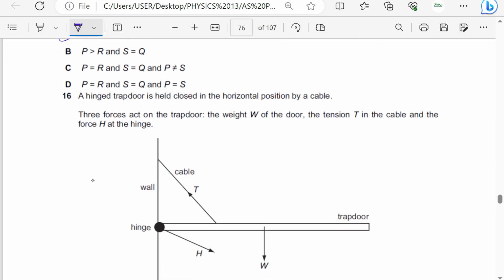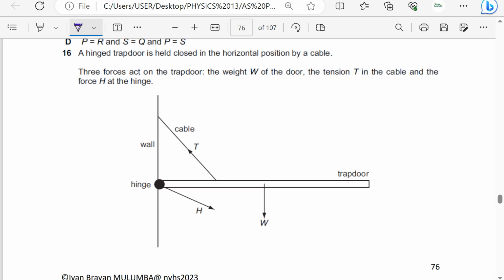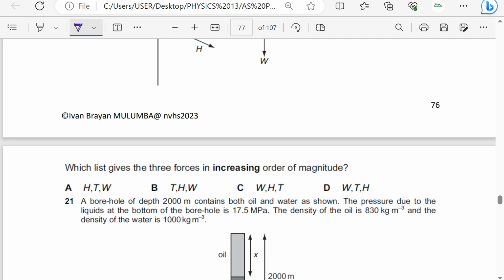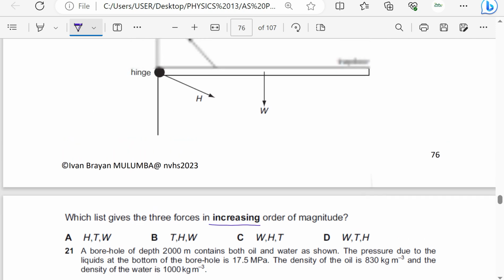A hinged trapdoor is held closed in the horizontal position by a cable. Three forces act on the trapdoor: the weight of the door, the tension T in the cable, and the force H at the hinge. Okay, so this is shown here. Which list gives the three forces in increasing order of magnitude?